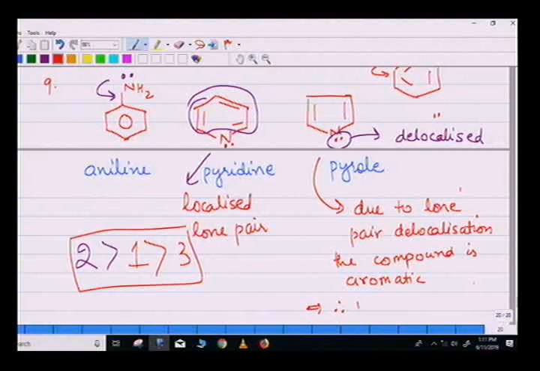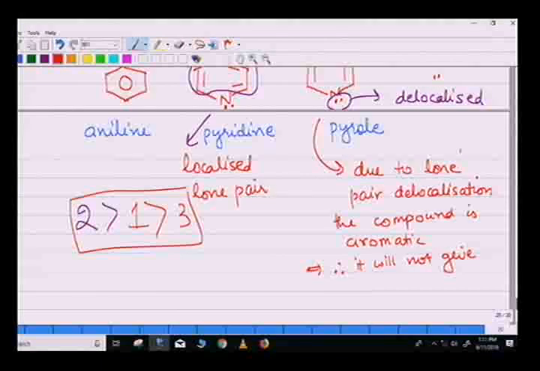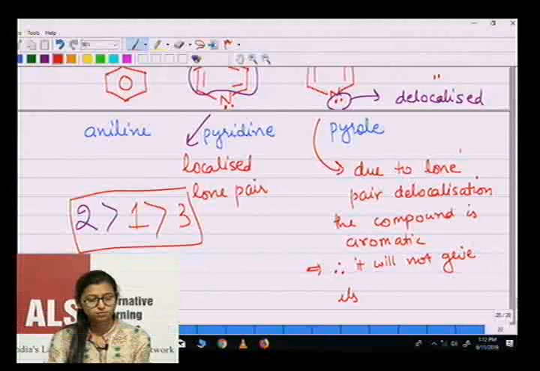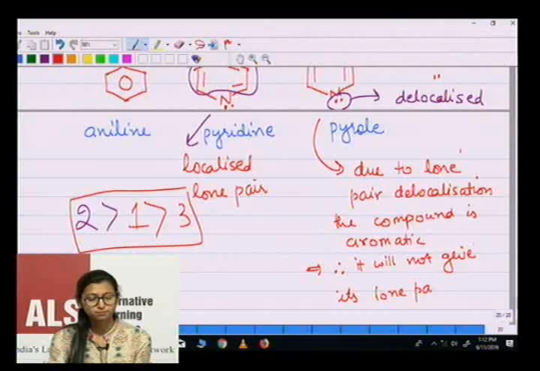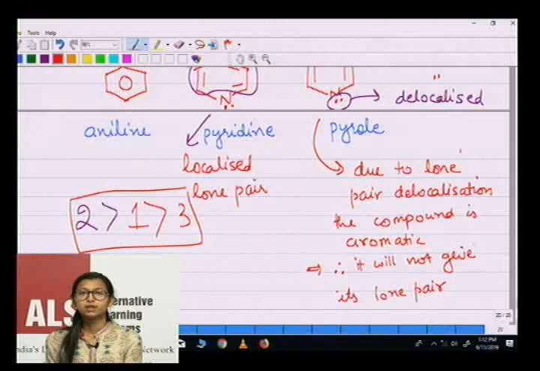Therefore, it will not give its lone pair. Do write all these things. These are the explanations, okay?